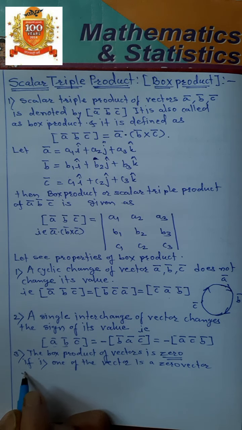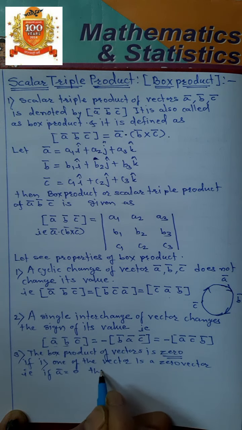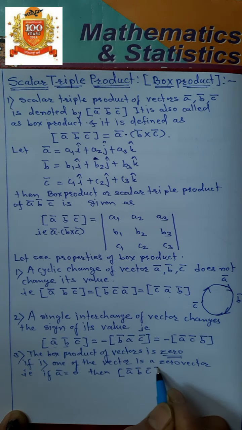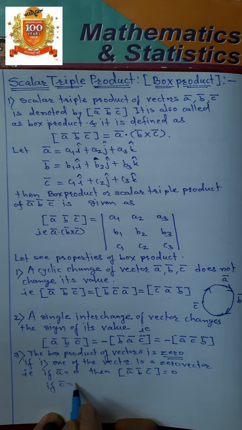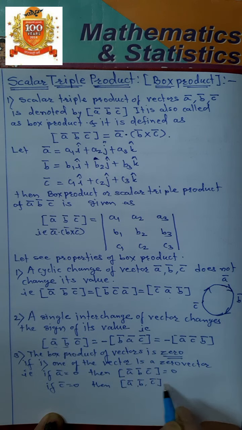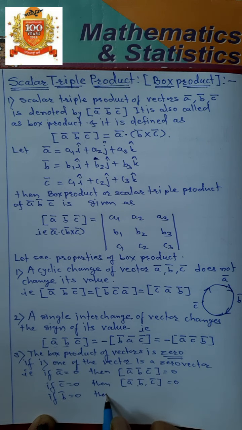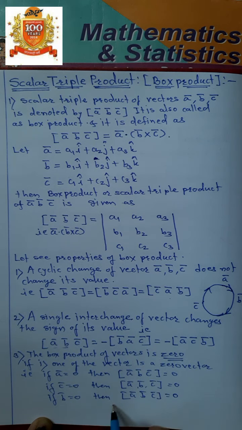What is the meaning of this? That is, if A bar is equal to 0, then box product of A bar, B bar, C bar is equal to 0. If C bar is equal to 0, then box product is equal to 0. If B bar is equal to 0, then box product of A bar, B bar, C bar is equal to 0. Isn't it? That is the meaning of this.